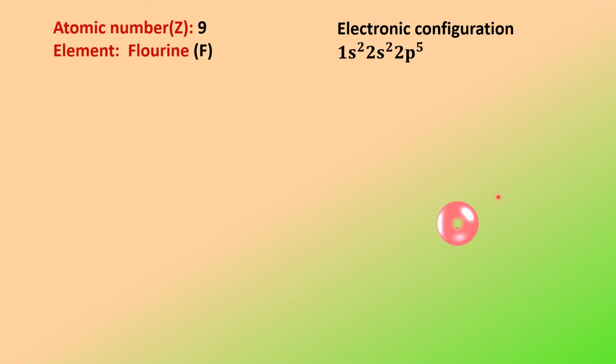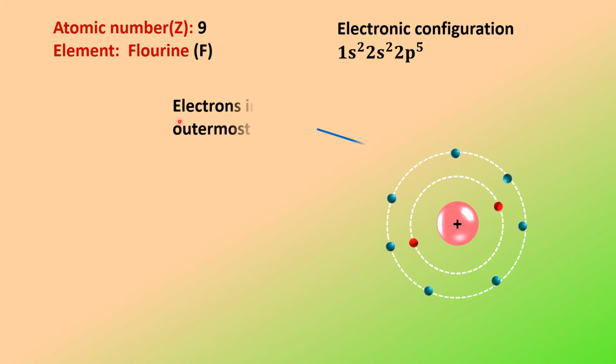Let us see. Sphere, first shell, second shell. 2 electrons in the first shell. 7 electrons, 1, 2, 3, 4, 5, 6 and 7 electrons are present in the valence shell. Those are called valence electrons.